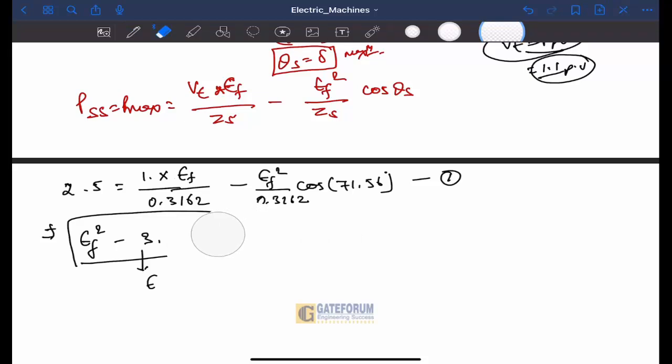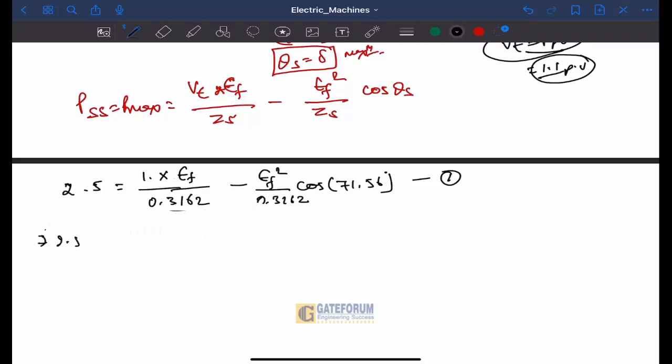Let's make the quadratic equation first by solving. It will be 2.5 into 0.316, and EF cos 71.56, 0.0136 EF square.